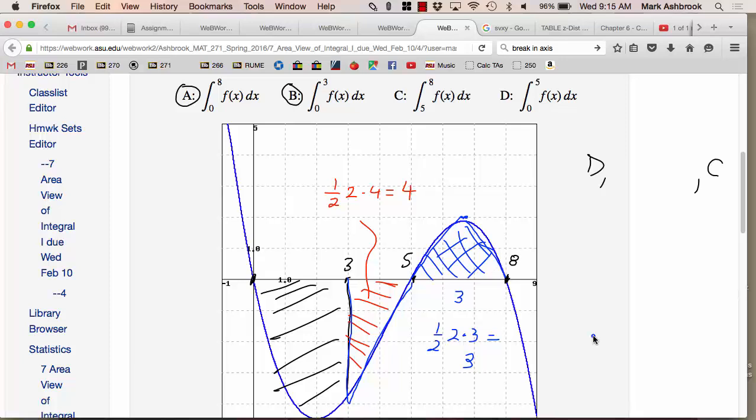So to me, it looks like going from 0 to 8 is the next least. And then going from 0 to 3 would be a little bit greater than that, about 1 square unit greater. These are all less than 0, and this one is greater than 0.